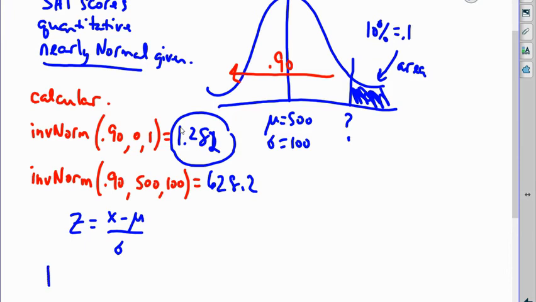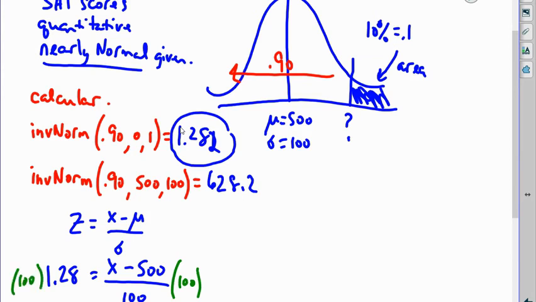So you would have taken your 1.28 from the table. You wouldn't have known what x was. You would have known that your mean is 500 and your standard deviation is 100, and you would have multiplied both sides by 100. And then after doing that, you would have added 500 to both sides, because you would have had 128 equals x minus 500. So then you would have said x equals 628. So it wouldn't have been quite as precise, but it would have done the job.